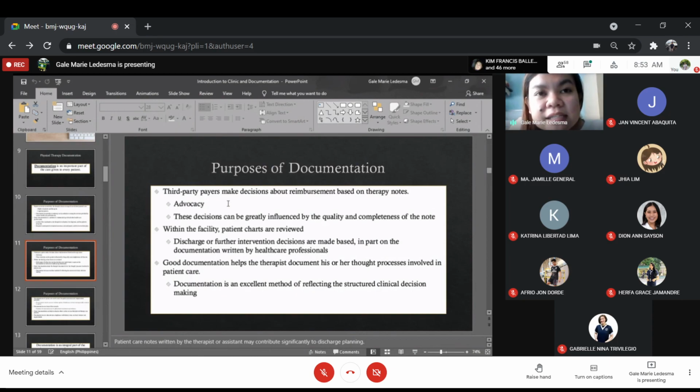Okay, so the discharge of your patient depends on this, whether he will be discharged or continue with further interventions. So discharge or further intervention decisions are made based in part on the documentation written by the healthcare professionals.